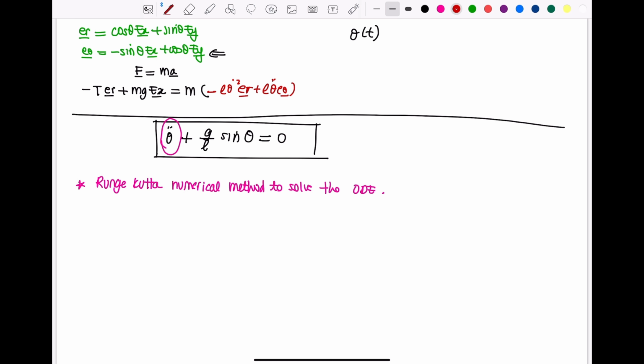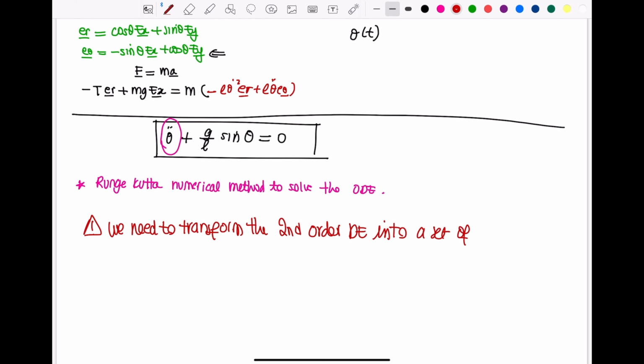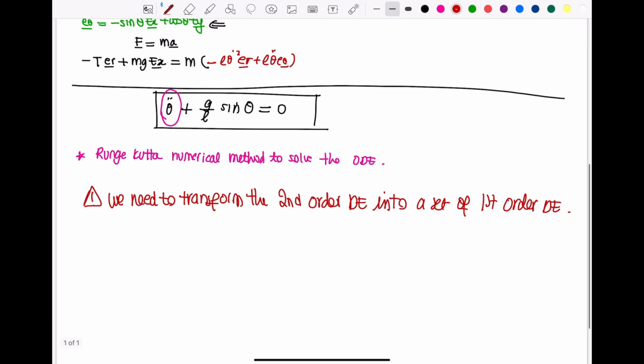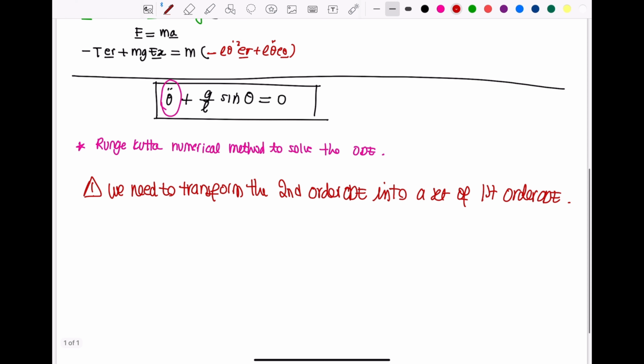So that's important. We need to transform the second order differential equation into a set of first order differential equations. The procedure to do this is that usually I'll take my variable, say x1, and set it equal to theta. I'll take my other variable x2 and set it equal to theta dot.